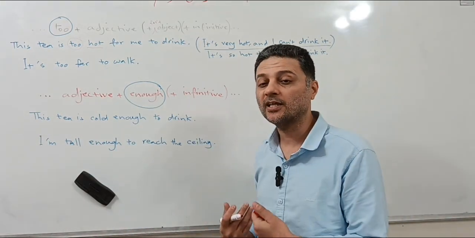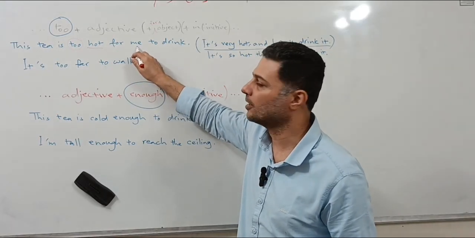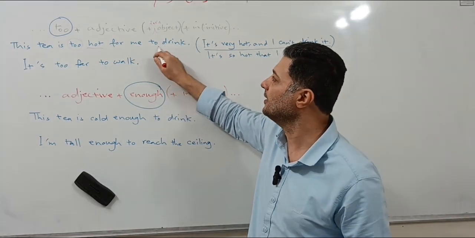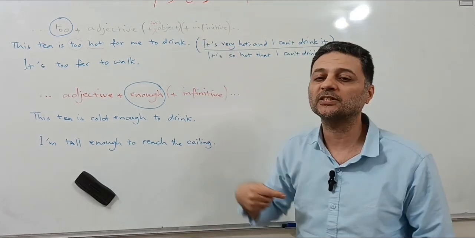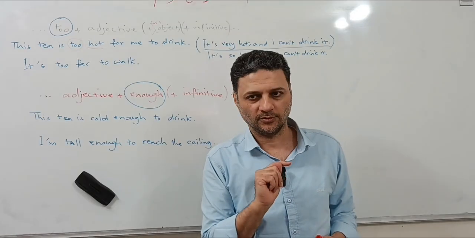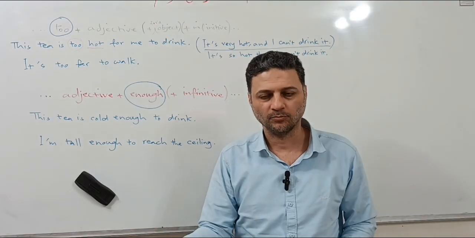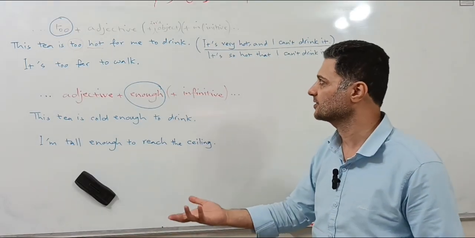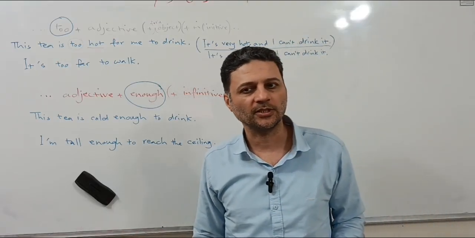It's too hot for me. This is the object. Then the infinitive, the basic form of the verb with to, like to go, to buy, to drink, to walk, to eat. So, this tea is too hot for me to drink.